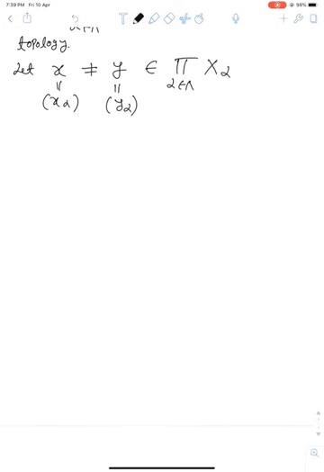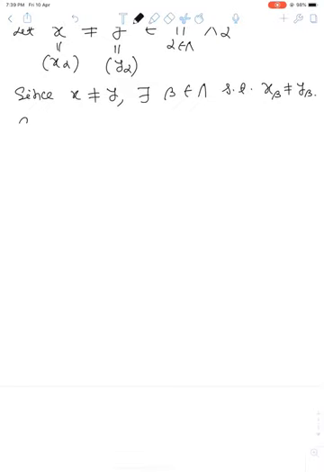Now given that x not equal to y, what does it mean? That means there exists an index beta from lambda such that x beta not equal to y beta. So it is sufficient to say that x and y are distinct, right?